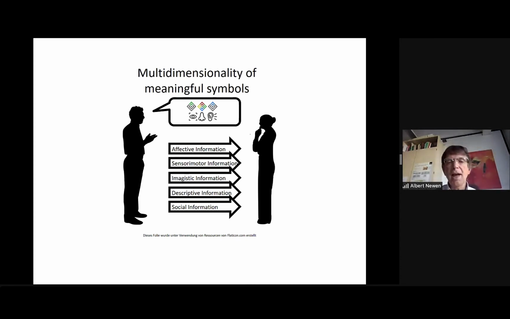We not only have imagistic, descriptive and sensorimotor information, as the empiricists like Barsalou and Jesse Prinz argue. We have to include affective information, descriptive information, and social information, which are transformed in parallel when a signal is used in a certain pragmatic context.